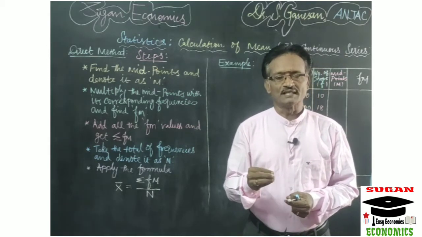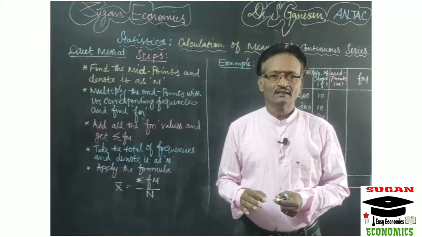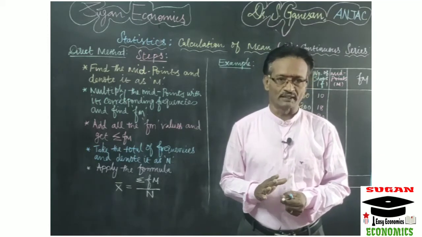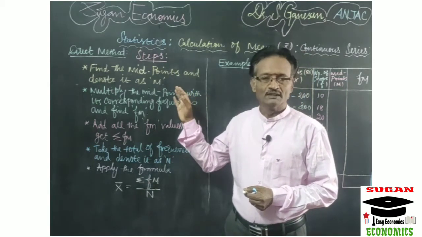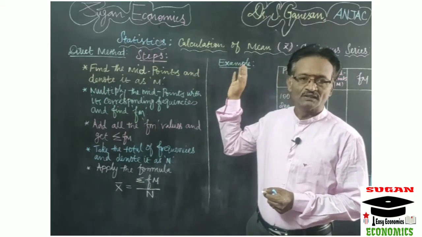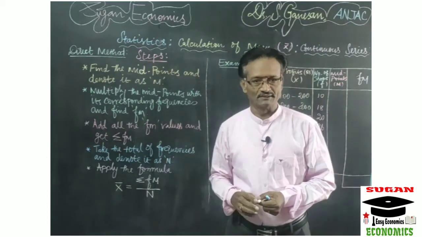Whichever method is convenient for you, you can follow it, unless a specific method is asked in your question. Now in this video I am going to explain the calculation of arithmetic mean for continuous series with the direct method.